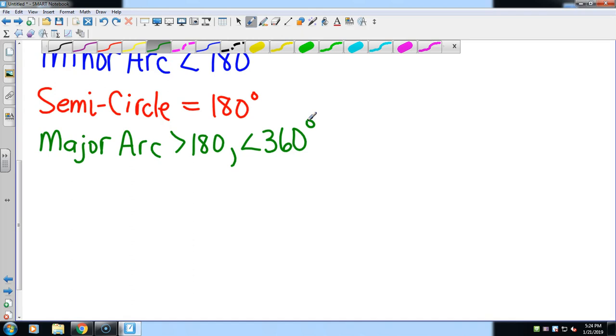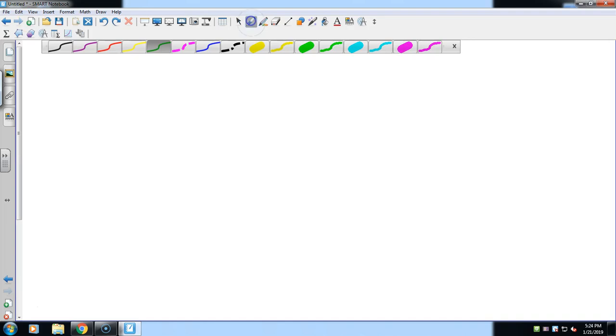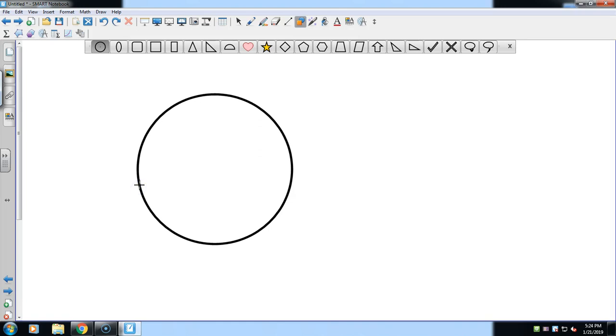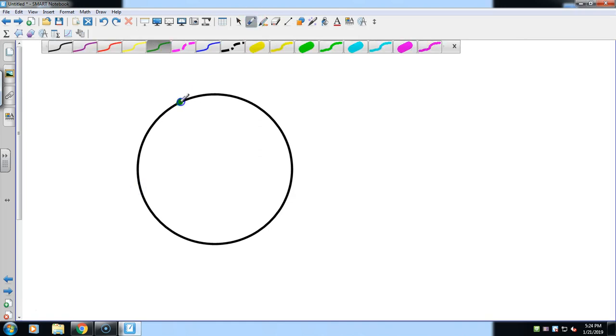So how do we label them? Typically, a minor arc is going to be labeled with, let's go with A, C, and then I actually want to put a D right there.